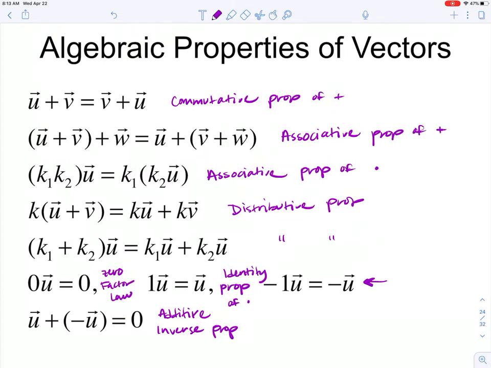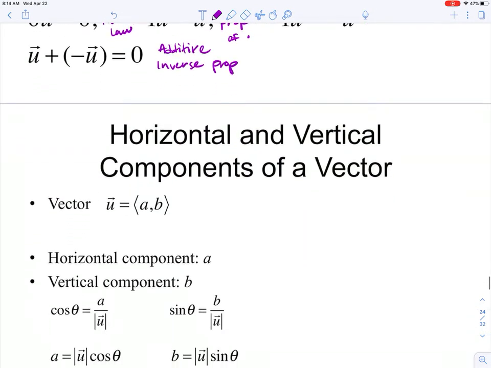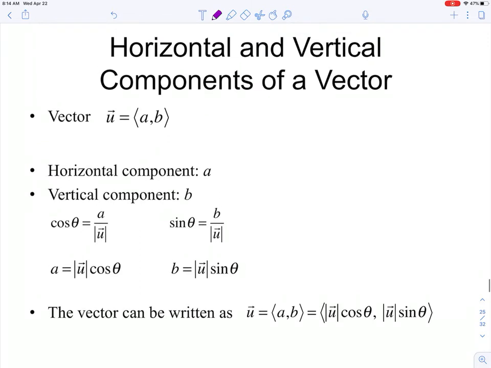And this basically, we actually used this before. This basically says if you multiply a vector by -1, it's going to be the vector that points in the opposite direction. So it takes the opposite of the vector.